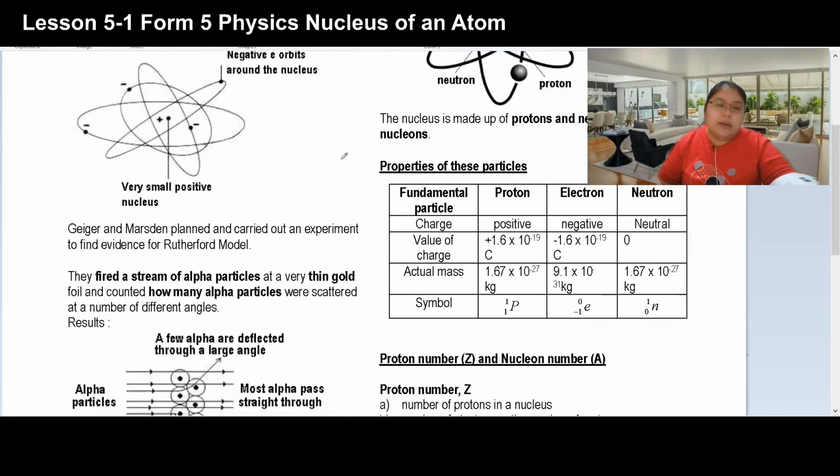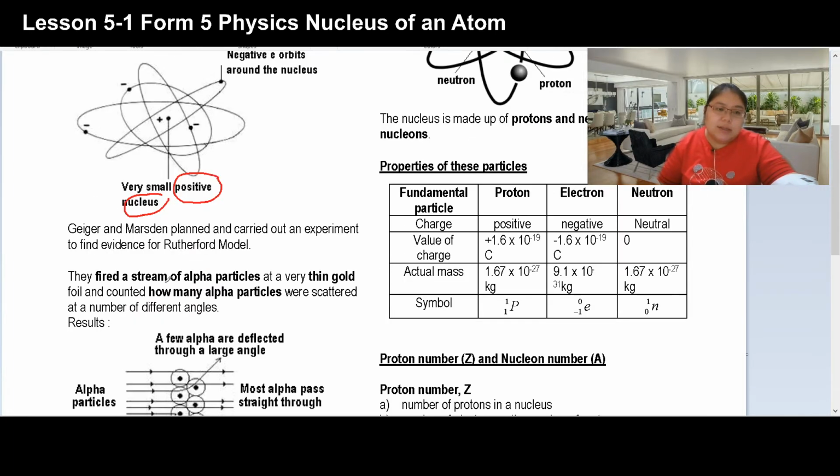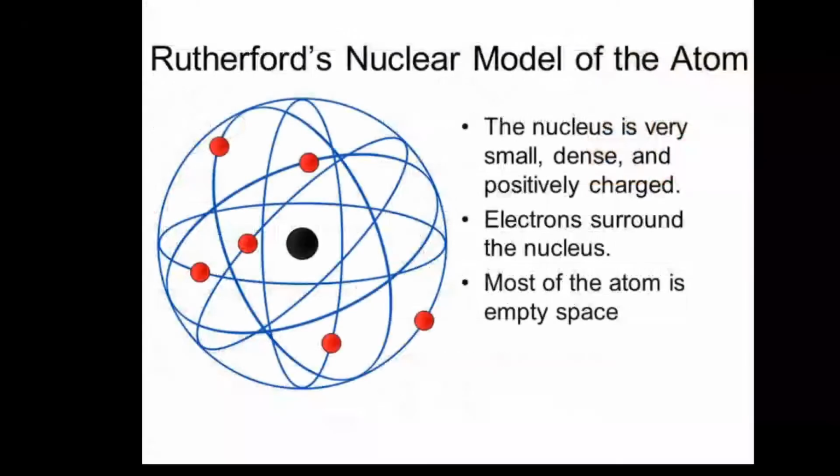Let's see the diagram here. The negative charge orbits around the nucleus, with a very small positive nucleus at the center. Now we're going to see Geiger and Marsden. They planned to carry out an experiment to find evidence for the Rutherford model. This is a diagram of the Rutherford nuclear model of the atom. The nucleus is very small, dense, and positively charged.